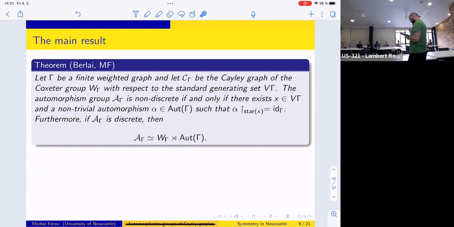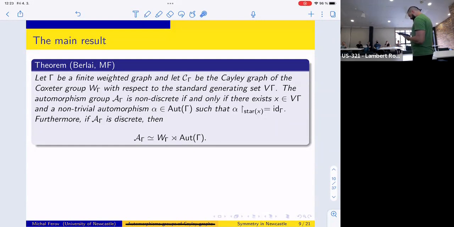And if there is no such thing, then I actually get a description of the group of automorphisms of such graphs as a semi-direct product. Which is pretty nice because I'm not just telling you that it's discrete, I'm telling you what it looks like.